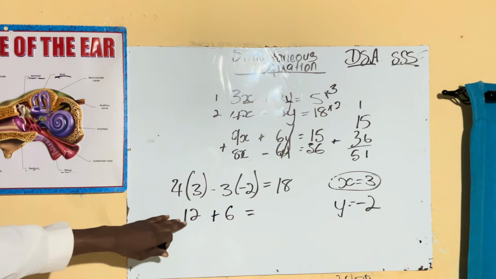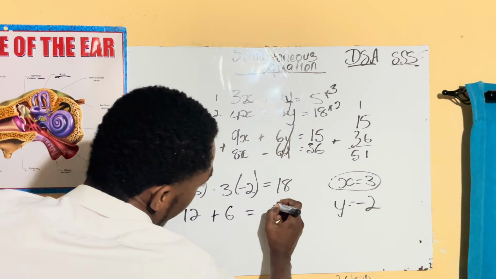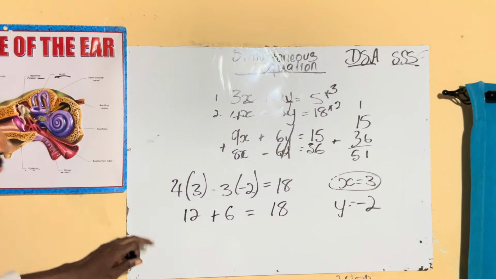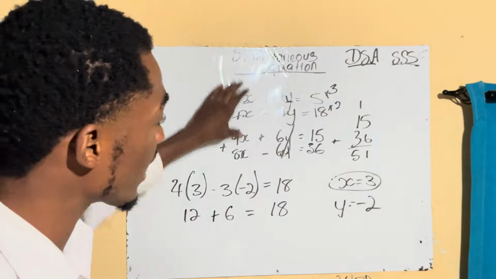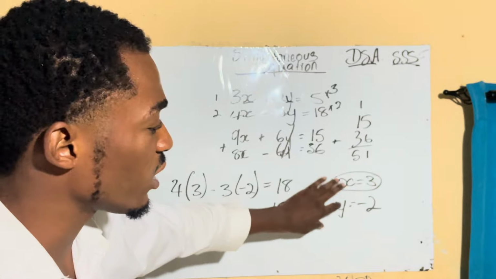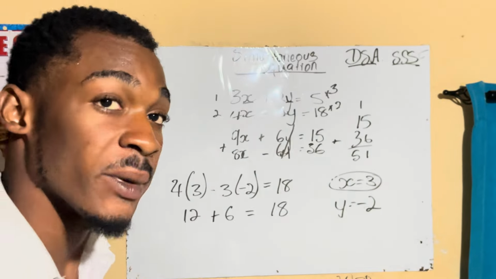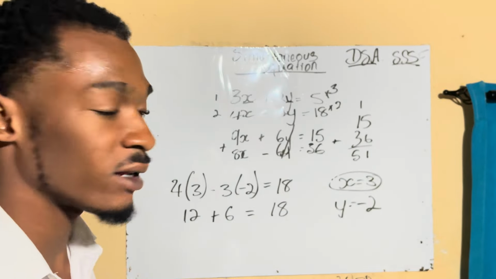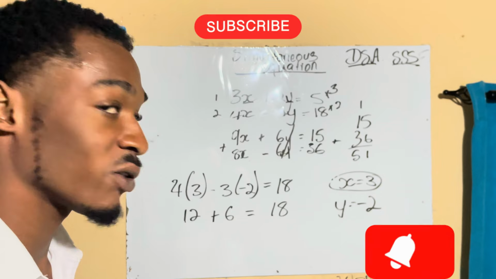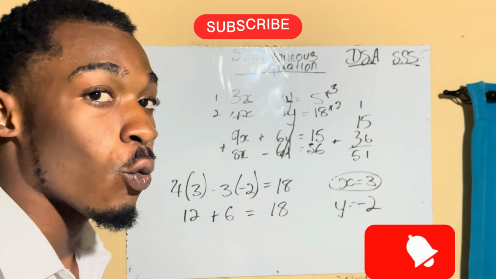When we add 12 and 6, we get 18. So we see we could do this with any one of the given equations. Plug in the values for x and y, and it ends up at the number it equals. Since it equals the 18 at the end, that means we are correct.